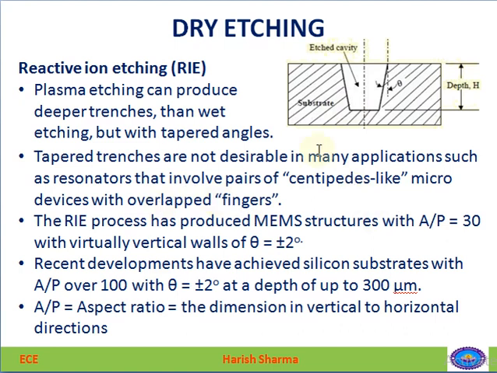So the RIE process is introduced, which provides MEMS structures with a high aspect ratio, that is the ratio of vertical to horizontal dimension. The aspect ratio is about 30 with vertical walls, and the angle is only about plus or minus 2 degrees. In recent developments, we can get an aspect ratio of about 100, meaning it etches only in the vertical direction, not in the horizontal direction, and a depth of about 300 micrometers can be achieved.